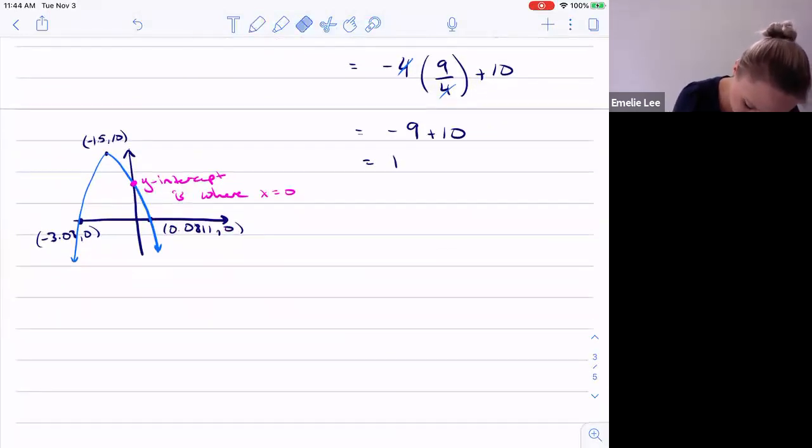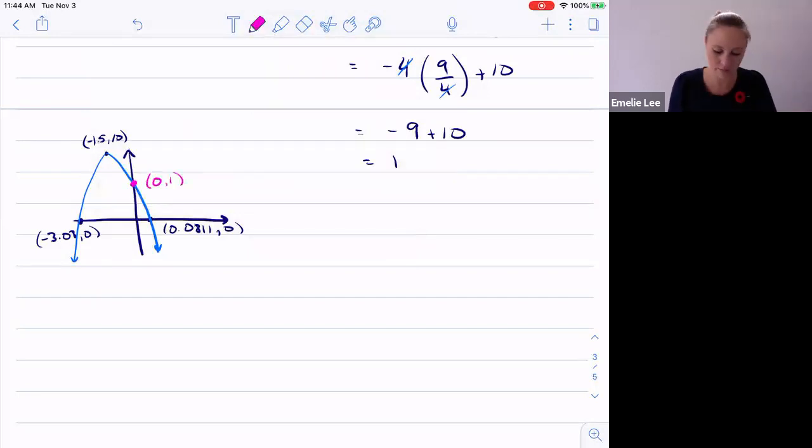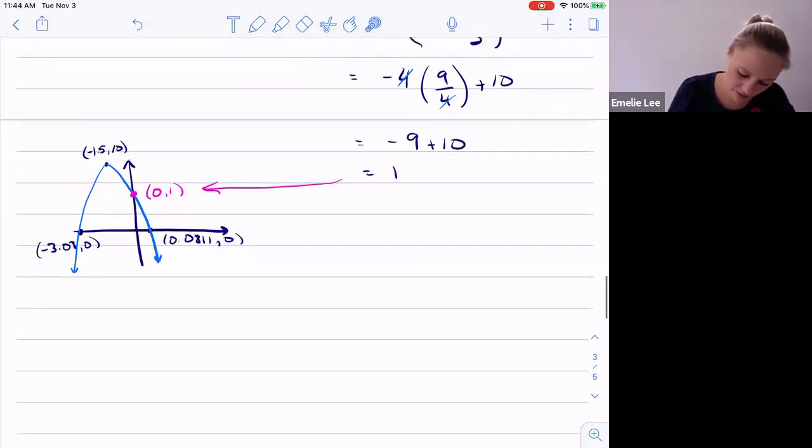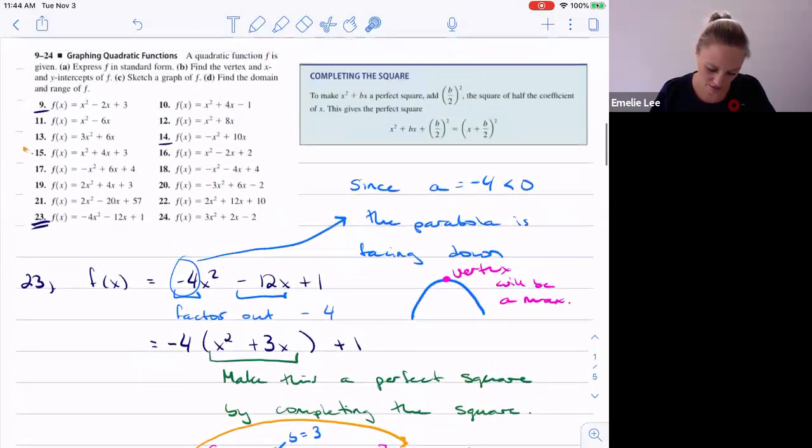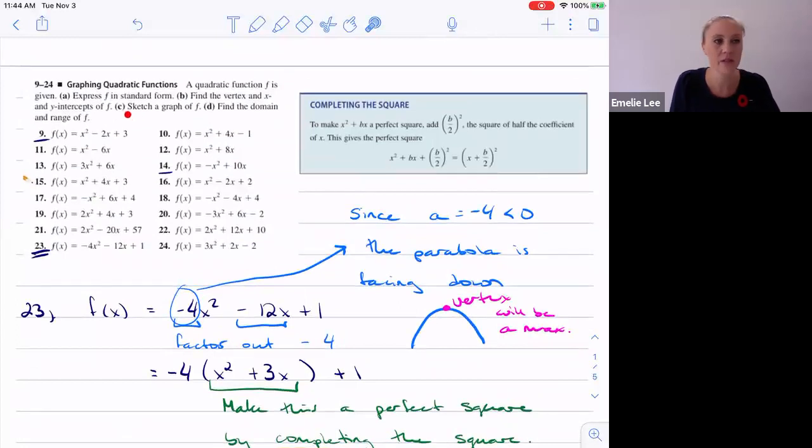So now this thing is at 0, 1, right, from here. This is also what we were asked to do in part C, sketch the graph. So this is our sketch. From here, we can find the domain and range. And then the last thing I'm going to do is check my work using Desmos.